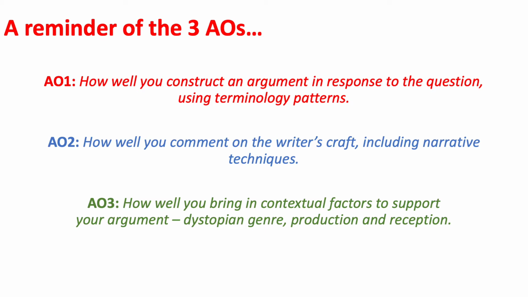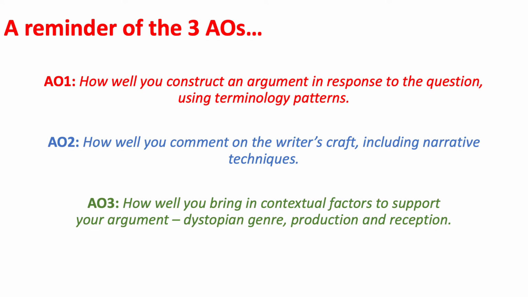So rather than just picking out random examples of metaphors or verbs or whatever techniques, it's about looking for patterns. Is there a pattern of dynamic verbs, or are they stative verbs? Is there a pattern of metaphors that creates a semantic field of something? So it's about looking at the text as a whole.